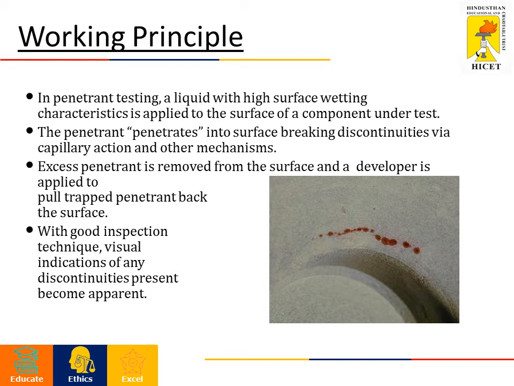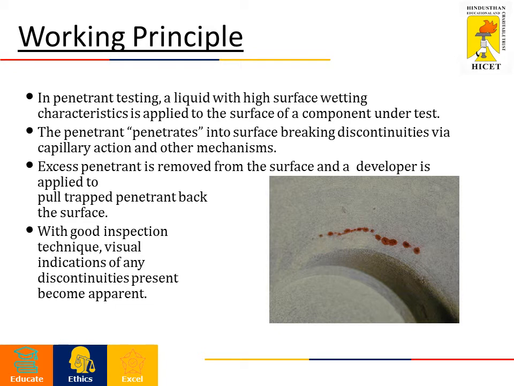Normally any penetrant is in liquid form. We have to pour or apply it on the surface, and wait some few seconds or few minutes, depending upon the cracks or the testing.